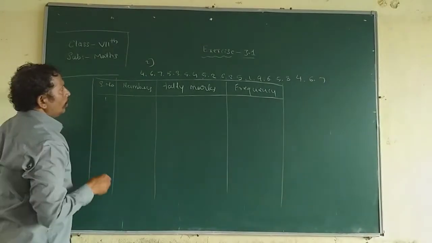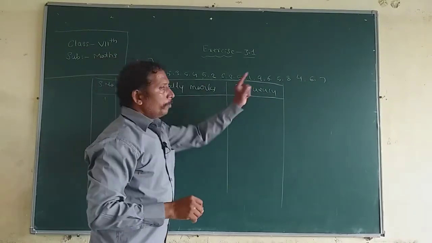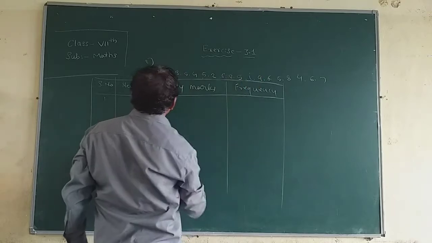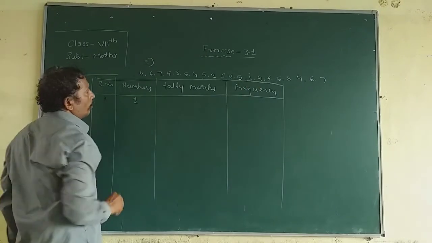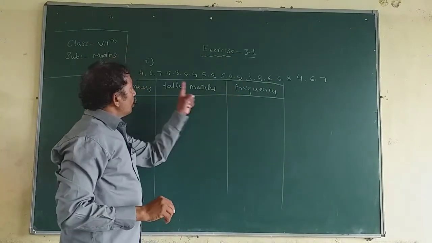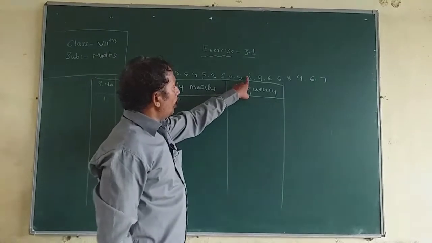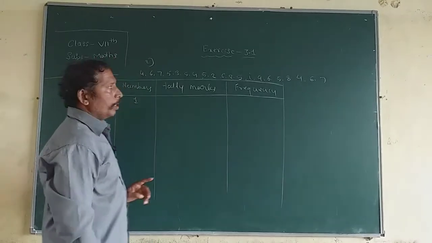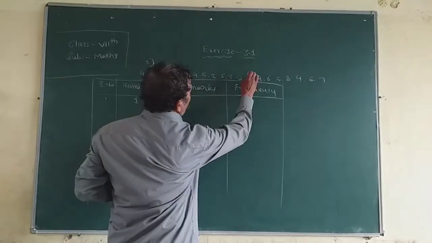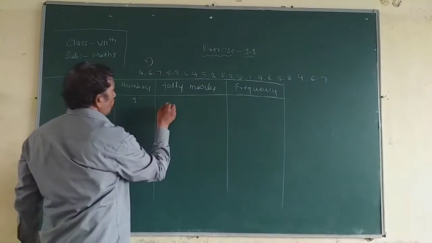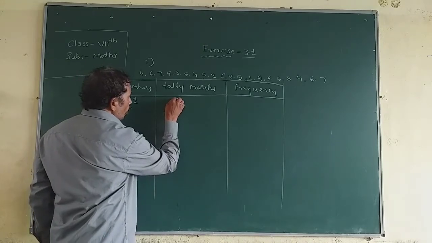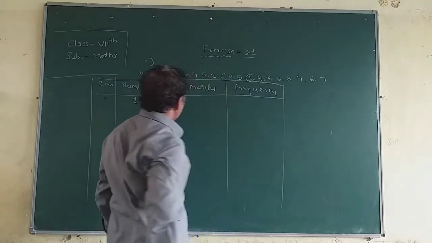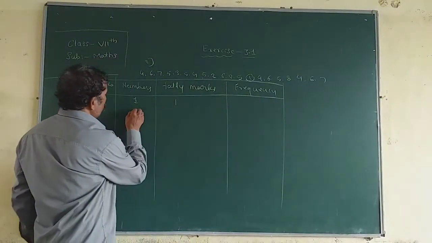Serial number 1. In the given observation, there is number 1. Search how many times 1 appears in the given list of numbers. 1 appears only once. Therefore, give 1 tally mark. Now circle this.